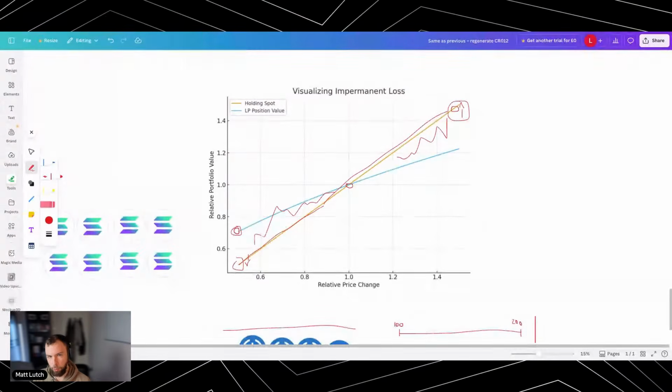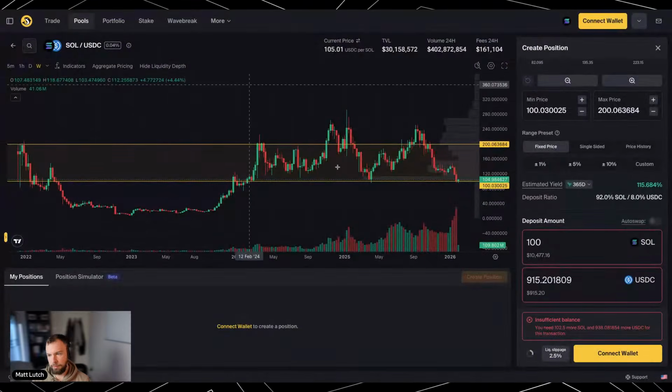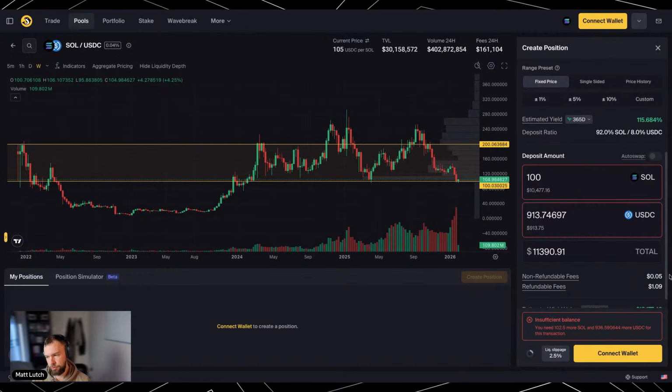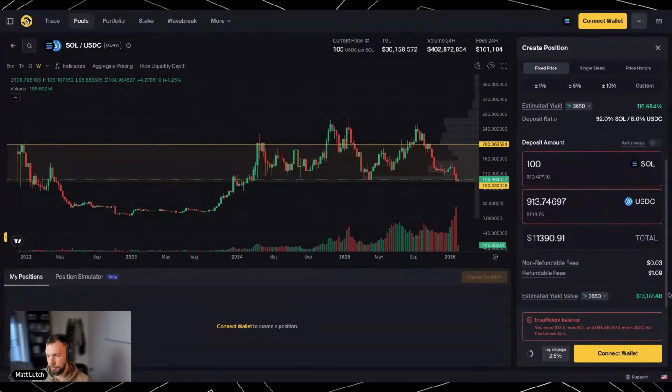Now, what happens with rebalancing? Because what a lot of people will do, and this is where it screws them over, is they'll think, right, let's just say the price of Solana goes to 80.